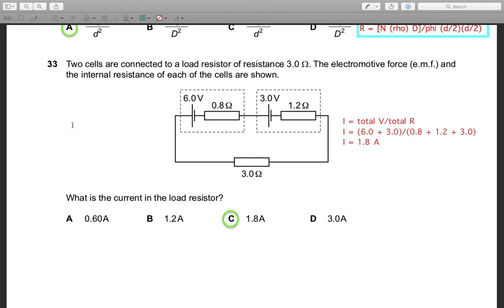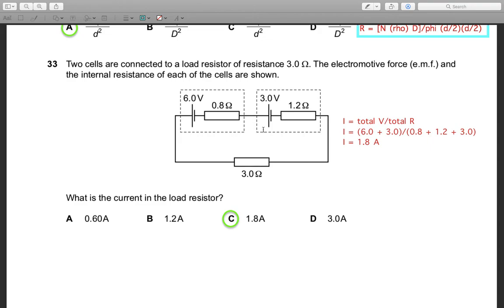Yes, I equals the total voltage divided by the total R. Total voltage, because this one is the polarity of the elements. If we see, this is positive negative, this is also positive negative, and there is no different way.